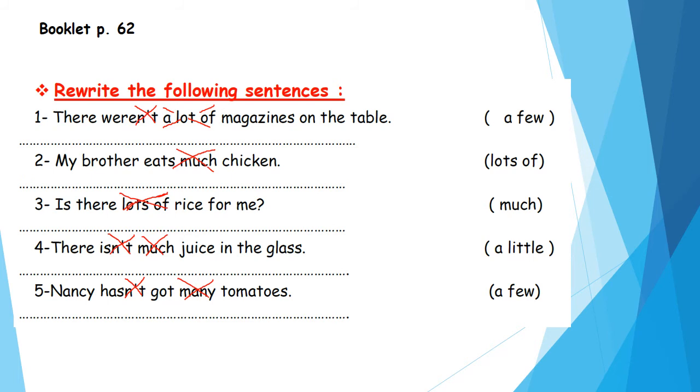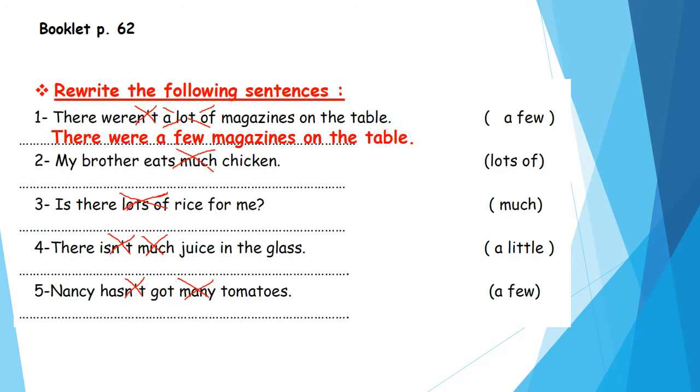A lot of means a large amount of something. A few means a small amount of something. So we'll say: There were a few magazines on the table.